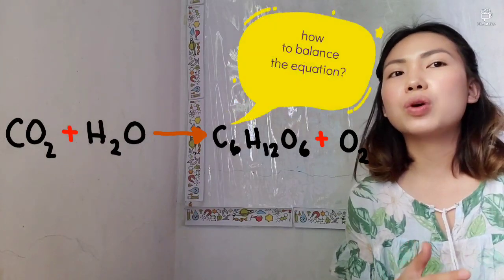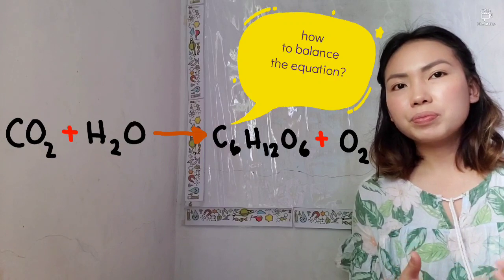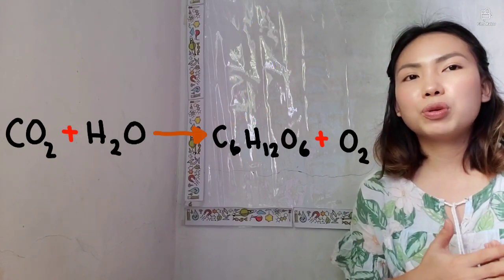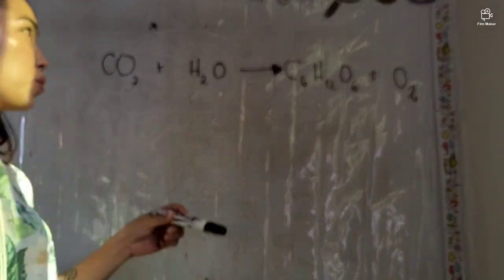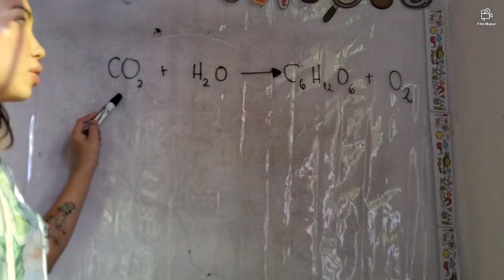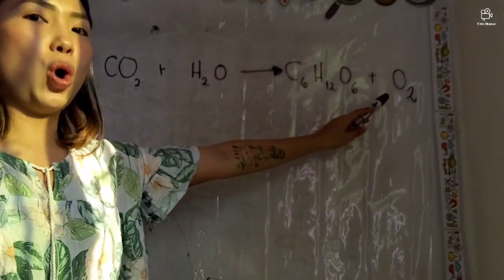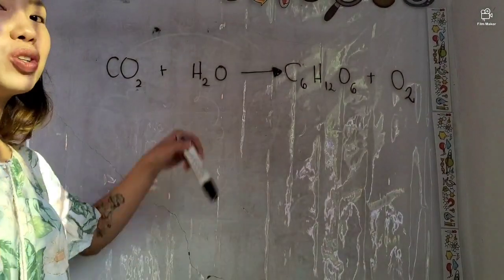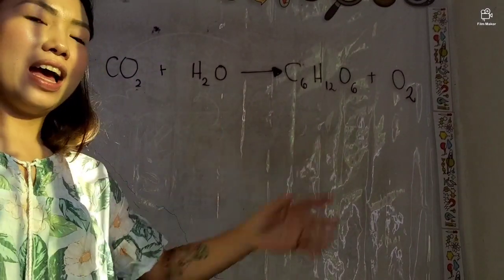So, paano natin gagawin balancing? So, lalagyan natin ng number sa bawat unahan to make us a balanced equation. Photosynthesis. So, we have here the carbon dioxide, then we have here the water, then we have the glucose, and the oxygen. So, kailangan yung equation natin would always be balanced. Balance sa kaliwa at sa kanan.